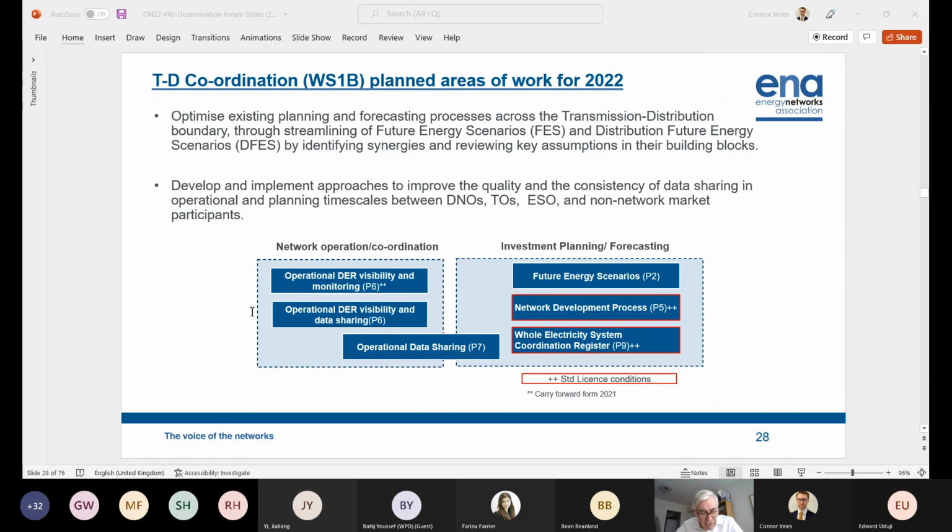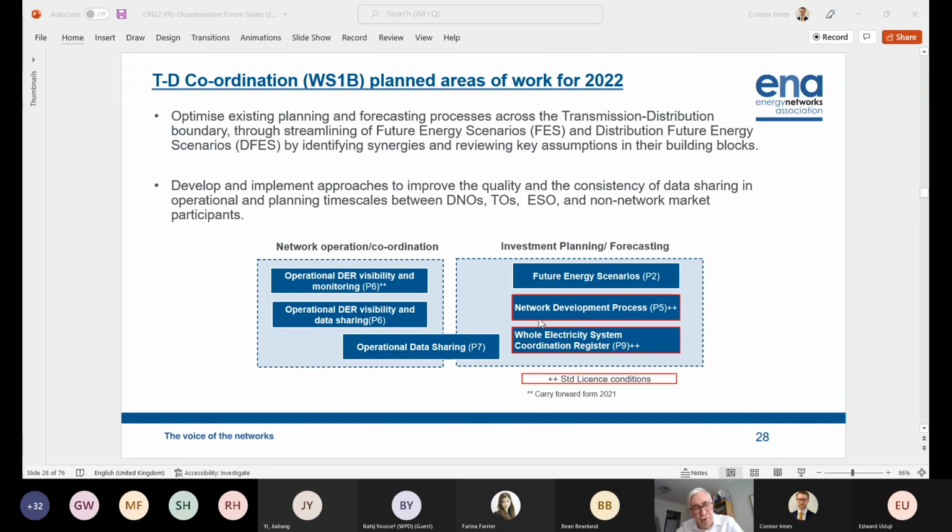That was done in previous years, and we're building on that year on year and finessing that process. We've established a level of consistency across all DNO DFESs, so you can see in one DNO's offering similarities with another DNO's offering.